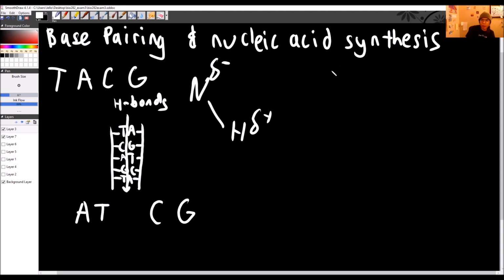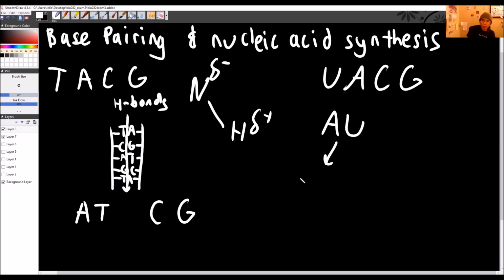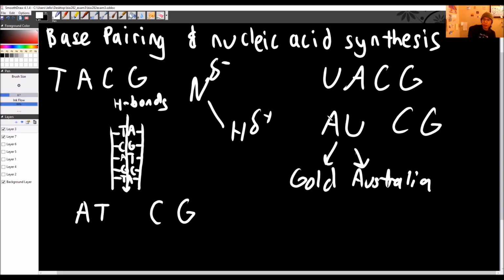The pairings are the same if you consider U to be T. So you have U, A, C, G. U would be uracil, and it would pair with A. So you have AU. Now I like to remember this with Au, the chemical symbol for gold. There's also the abbreviation for Australia. And in the same way, C and G would pair up with each other.